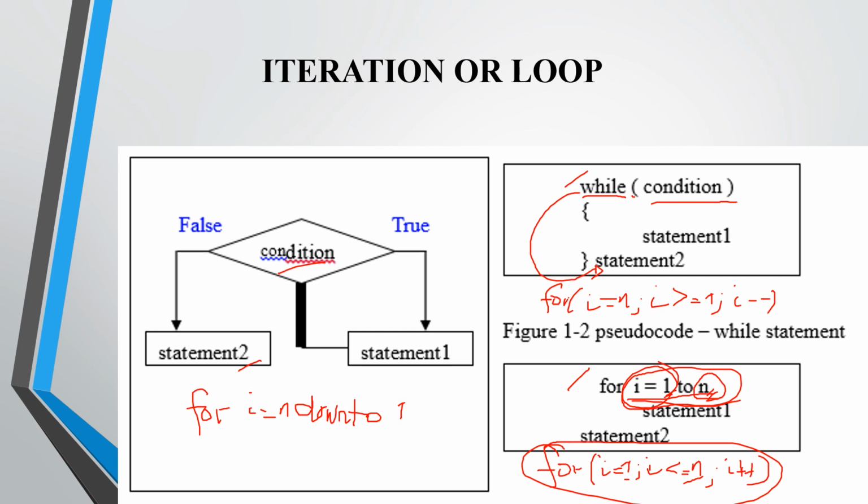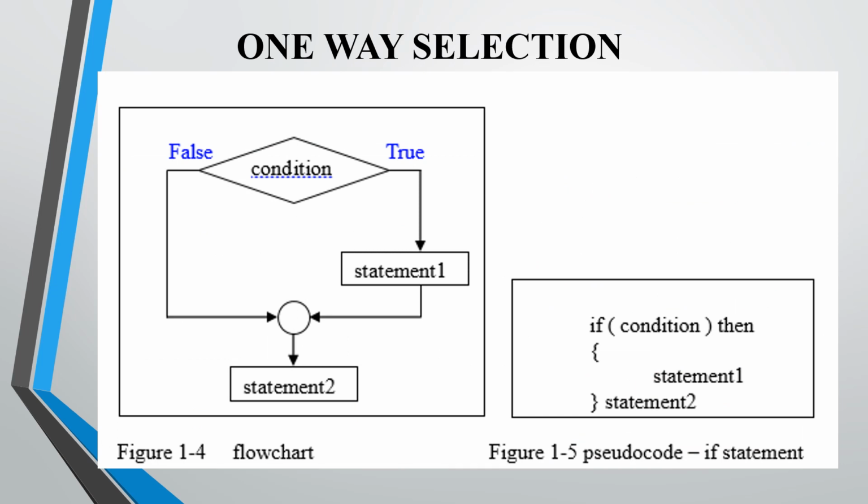Next, what if we have one-way selection? One-way selection means it has only an if, so it will perform only the statement inside the if. If this condition is true, it will perform statement 1. If this condition is true, apart from performing statement 1, it also performs statement 2.